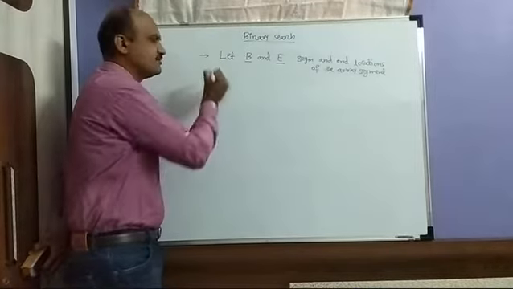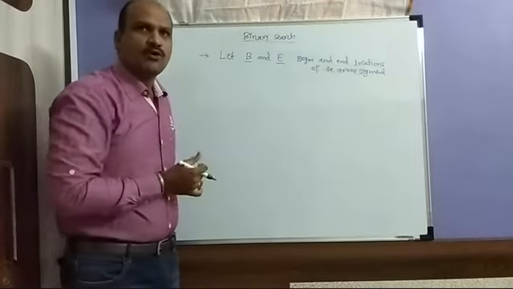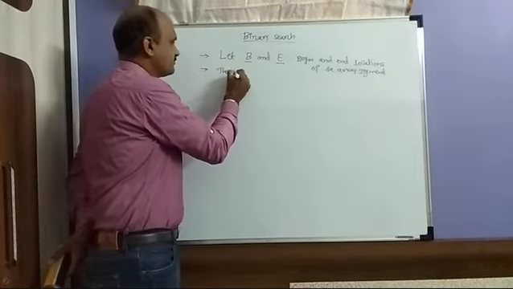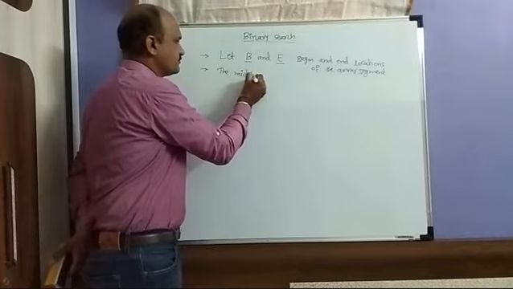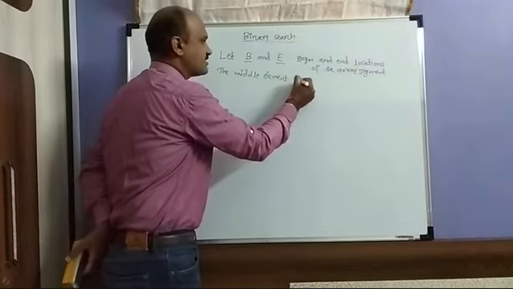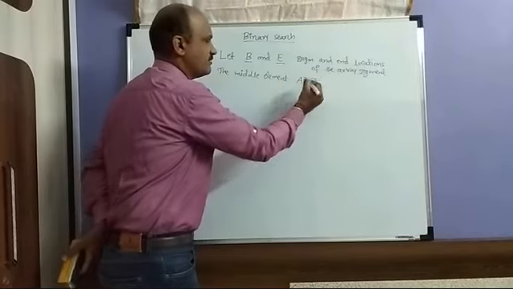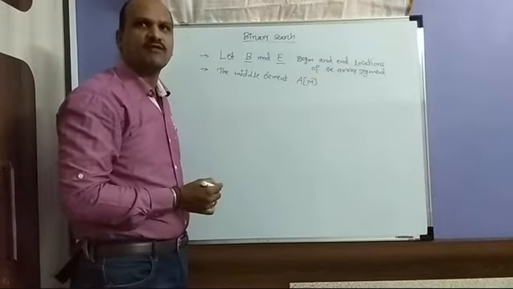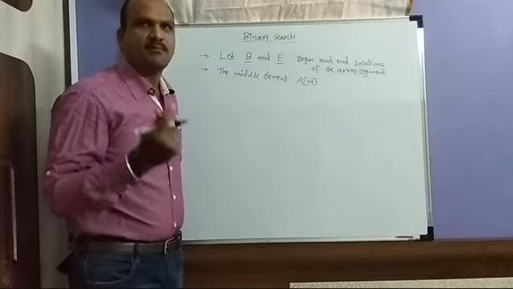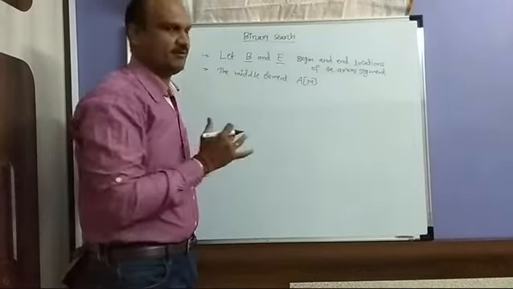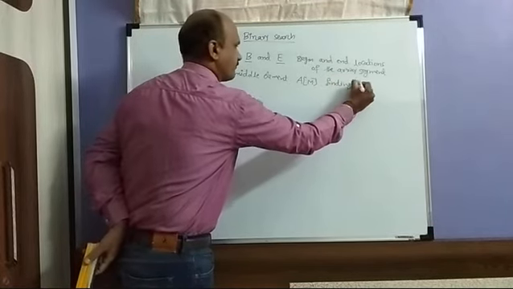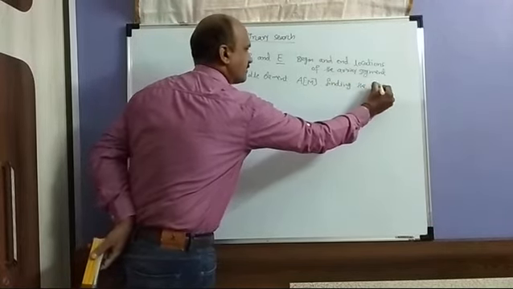This one you need. And if you want to find the middle element, we will take the array name as A, and M is the middle location. A of M is obtained by first finding the middle element.